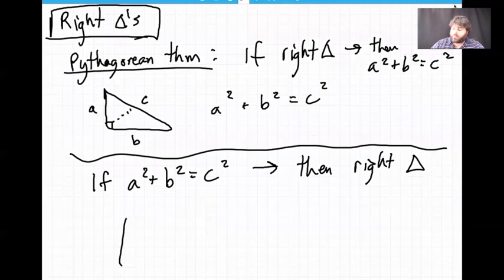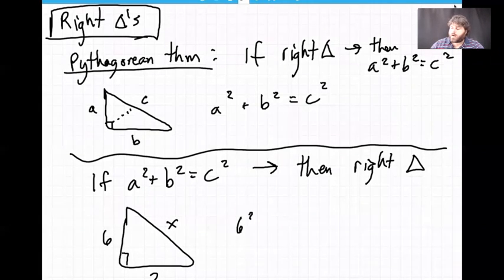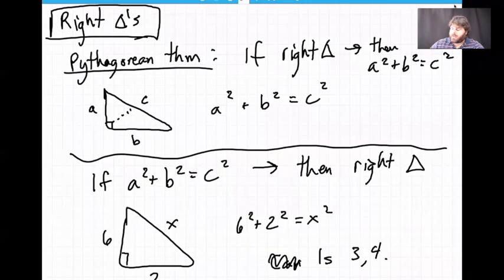We're all familiar with this kind of problem: 6, 2, find x. Sure, a squared plus b squared equals c squared, and we solve for x. But what about this? Is 3, 4, 5 a right triangle? Well, how do you prove it?